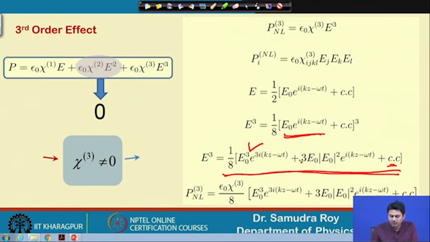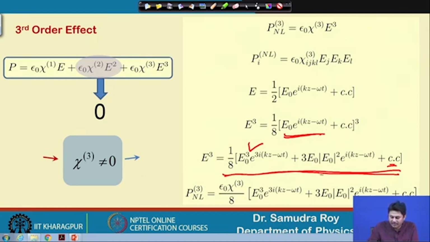Also there will be a coupled term, which we call 3 a square b. Here 3 is there, a square is the square of a, and then the complex conjugate.